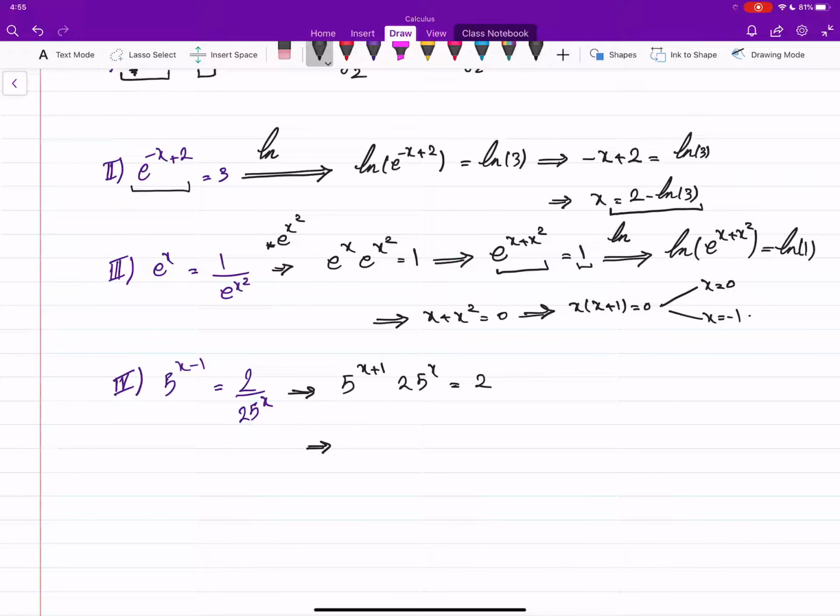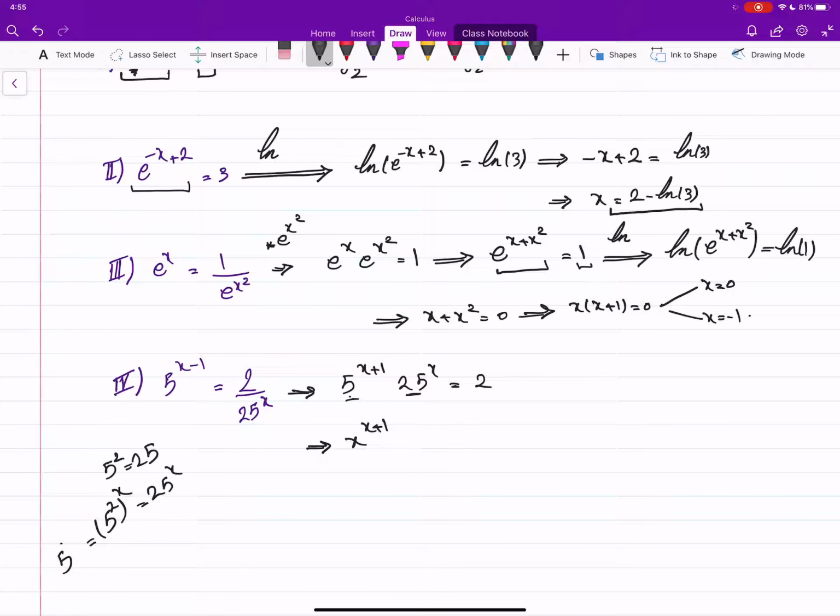Here I have 5 and I have 25, two bases. I have to make it one base. This can be done by seeing that 5 to the power 2 is 25, yes? And now 25 to the power x is the same thing as 5 to the power 2, to the power x.